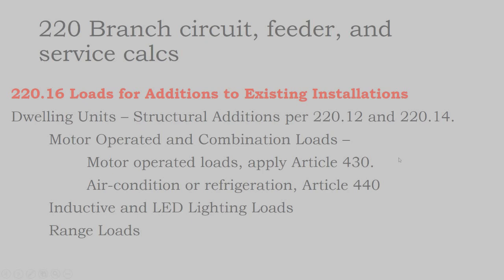Like a home where people are living full time is subject to more stringent regulation than, say, a warehouse. But we'll visit some of those special calculations as we get into section 400, which is general equipment, and then again when we get into section 600, which is specialty equipment.